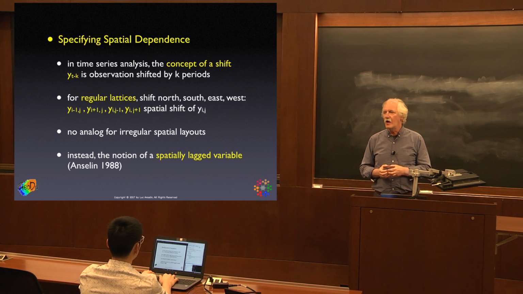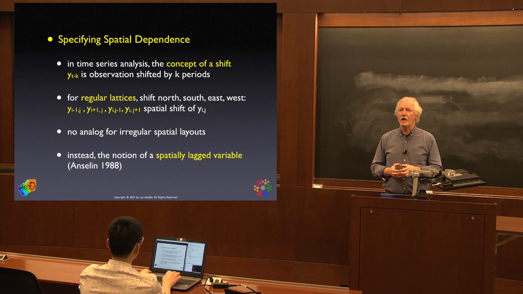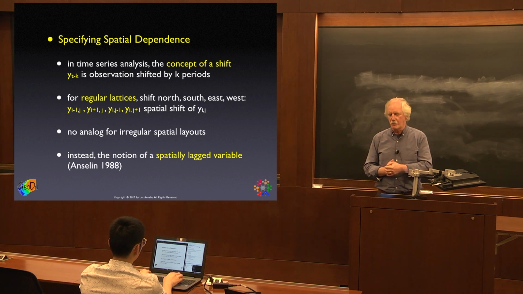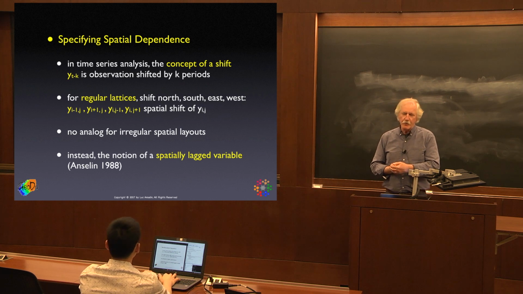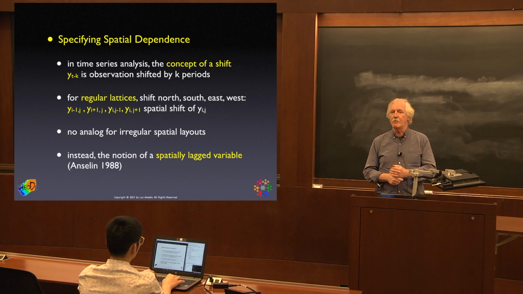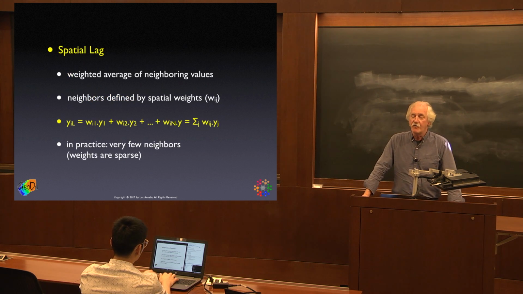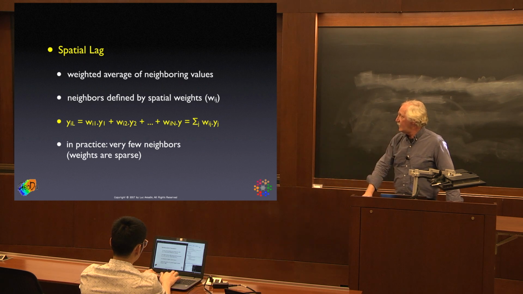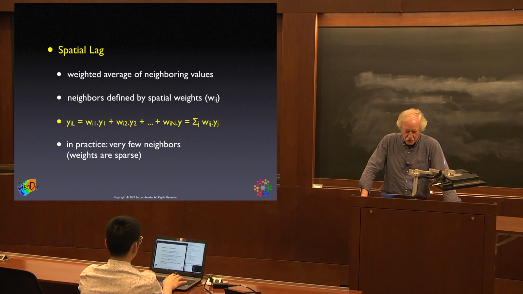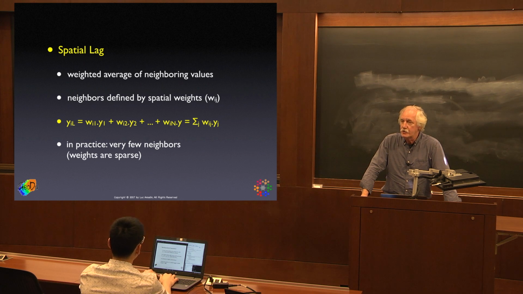So then I introduced this notion of a spatially lagged variable, which is almost similar to a distributed lag in time series, which you don't see very much anymore, but it's a weighted average of the neighboring observations. So if we have a vector of observations, y, with the observations at the different points in space, then we just use the spatial weights to make an average. And since the spatial weights typically are row standardized, this is a straightforward average.